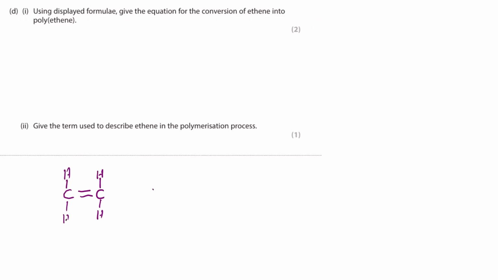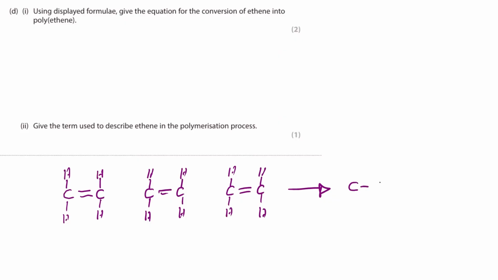We can have a large number of ethene molecules, so I'll just take only 3. How do they form into polyethylene? What simply happens? Now they have double bonds. So I just write the 3 molecules here.